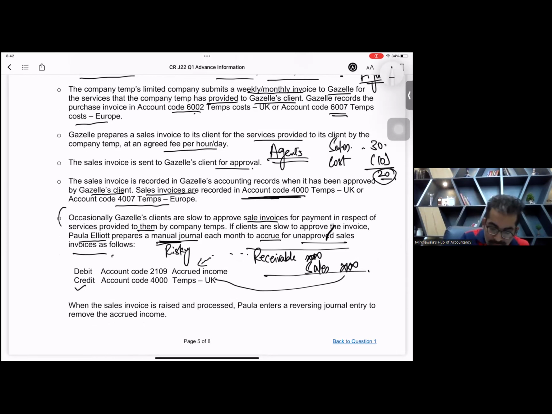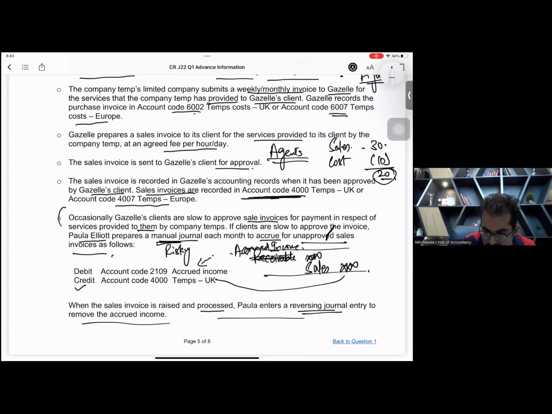Now, when the sales invoice is raised and processed, Paula enters a reversing journal entry to remove the accrued income. When we actually get the cash or the actual sales invoice, then we reverse this accrued income. Initially, we write accrued income, and afterward, we convert this accrued income to a real receivable.